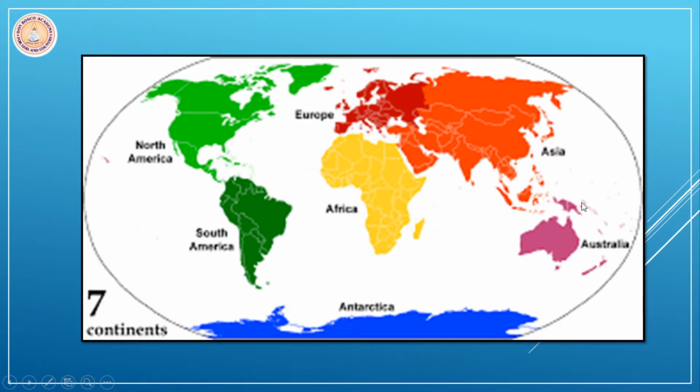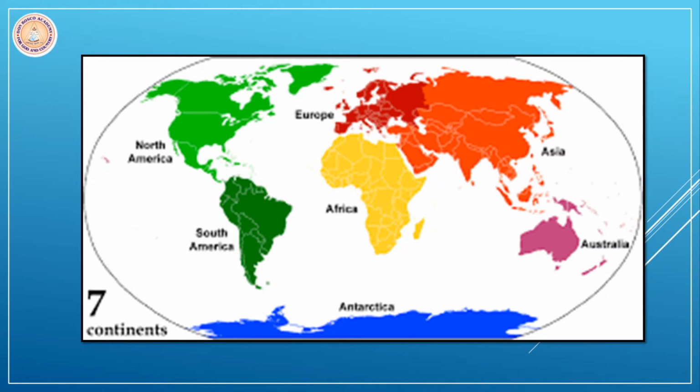There is more of water and less of land, and only 29% of land. You look at the earth, you will find that nearly 3/4 of the earth is covered with water and only 1/4 of it is covered with land.